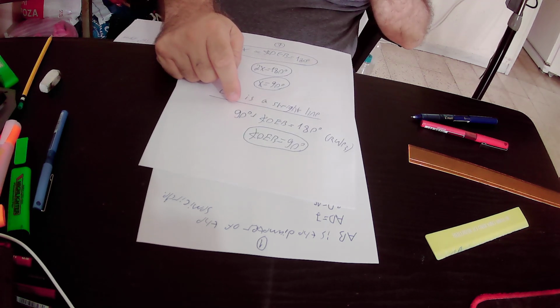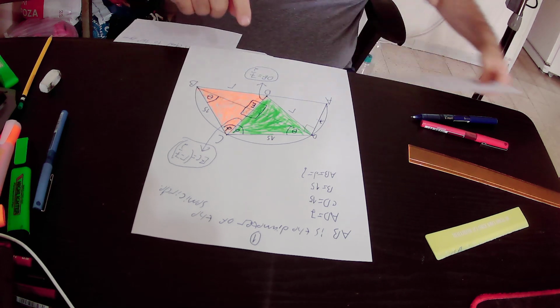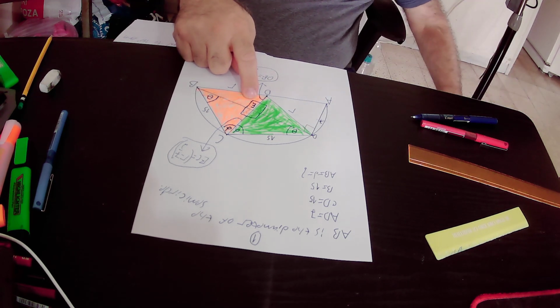If we subtract 90 degrees from this equality, we get that angle OEB equals 90 degrees. So angle OEB is a right angle.